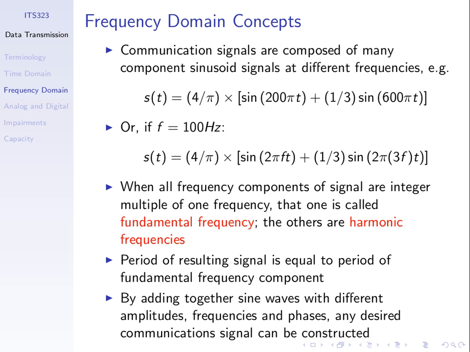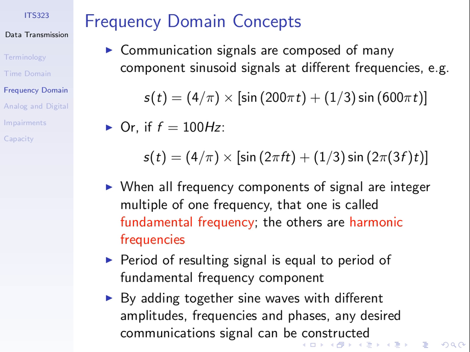So far we just have a single sinusoid with 3 parameters. We can combine them together. And in fact, in theory, any communication signal that we want to generate can be considered as composing multiple sinusoid signals together, usually at different frequencies.